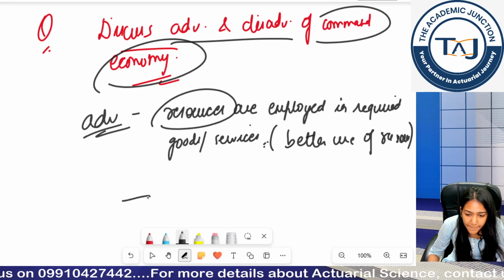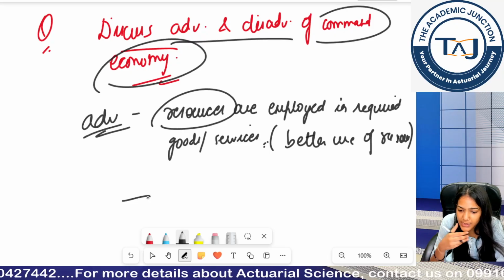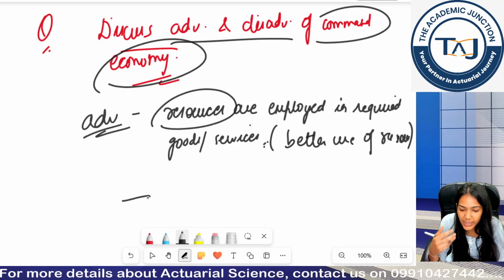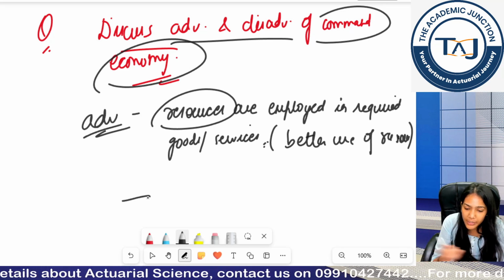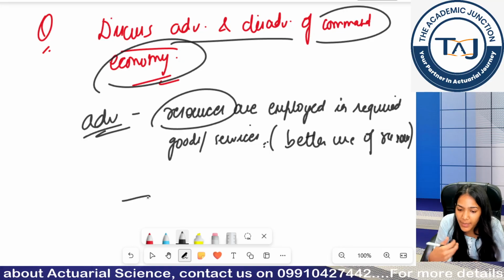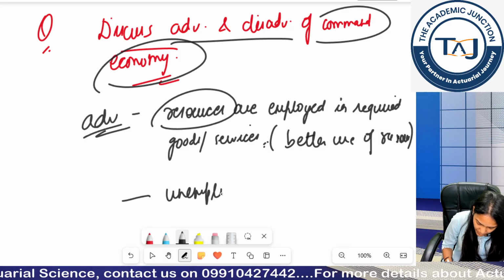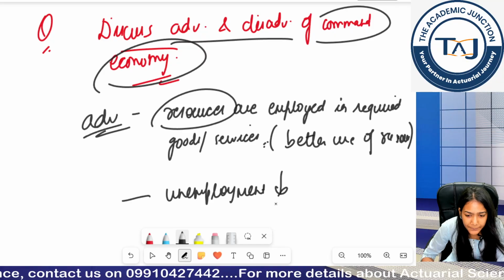Second could be unemployment. They can take decisions regarding unemployment because the economy is controlled by the central authority. They can decide how many jobs to create, how many jobs to reduce, and nothing is dependent on demand and supply of jobs. So they can reduce unemployment. Okay.